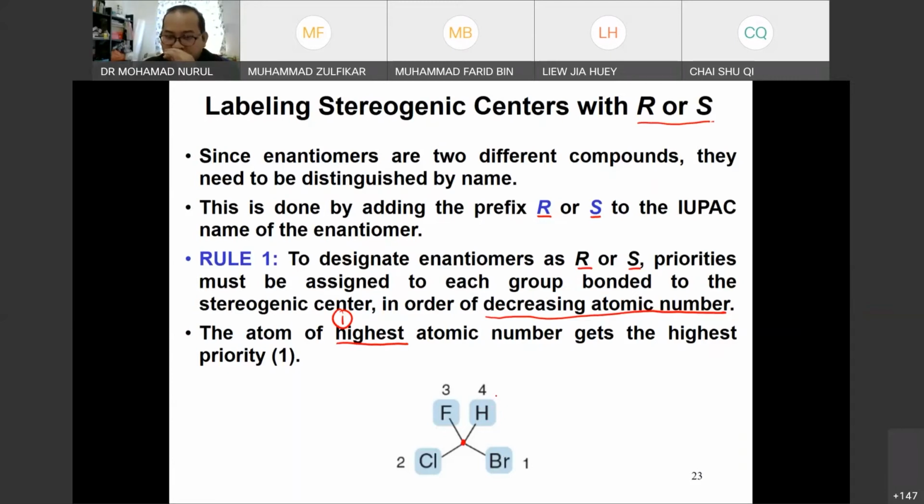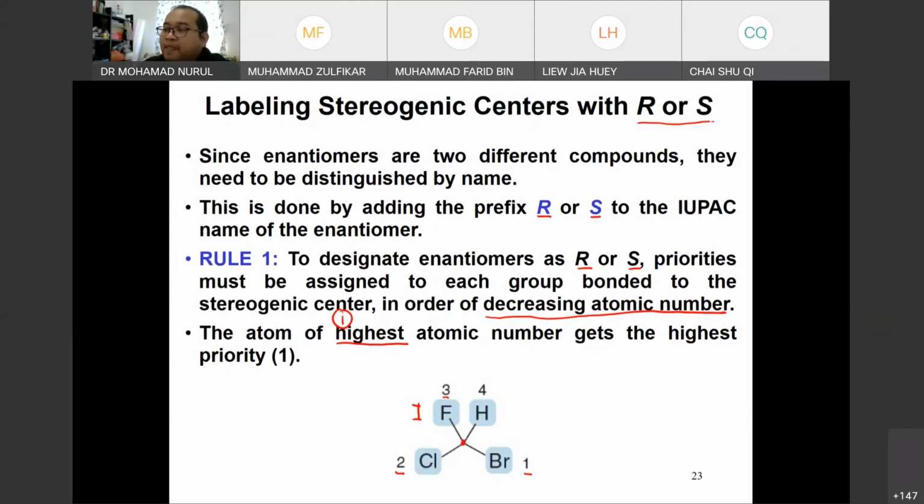Between bromine, fluorine, and chlorine, bromine will be number 1, chlorine will be number 2, and fluorine will be number 3. If I change fluorine to iodine, this will be different. Iodine becomes number 1, bromine becomes number 2, chlorine becomes number 3, and fluorine becomes number 4.